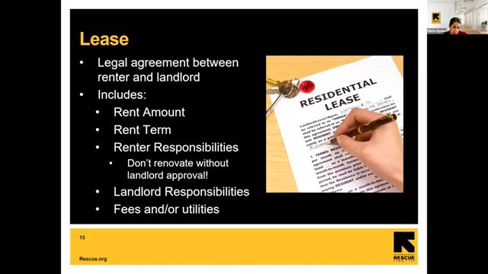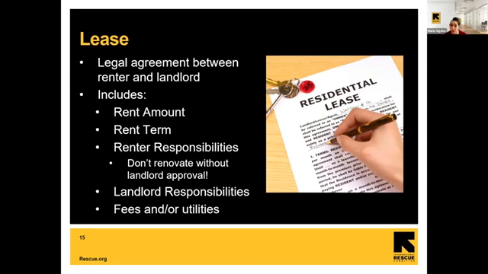The first one is to make sure you respect it and keep it taken care of. If you want to make any changes to the apartment, we always recommend you talk to the landlord first and get their approval, because otherwise, it might be an issue later when you're trying to move out. They might ask you to fix everything that you did.